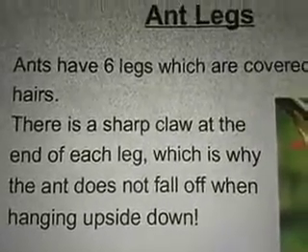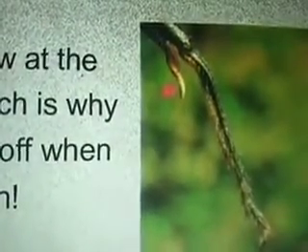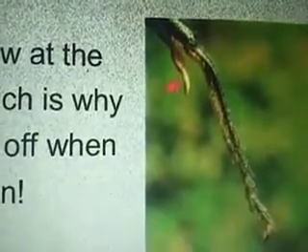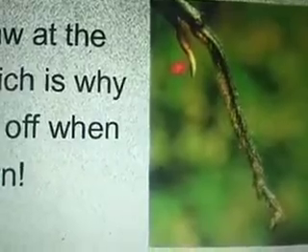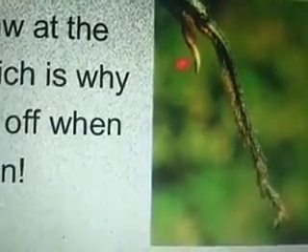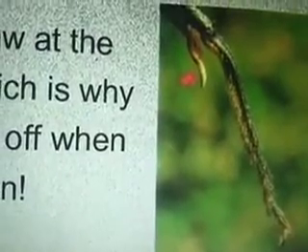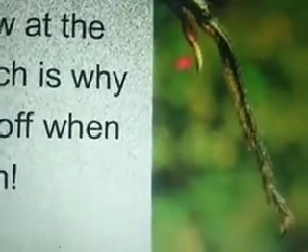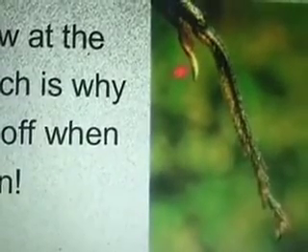And ants' legs. You can see the legs very closely in this close picture of an ant's leg. Ants' legs have very tiny little hairs on them, and they have a sharp claw, which helps them to hang when they are walking on the ceiling, and you are surprised that they don't fall.